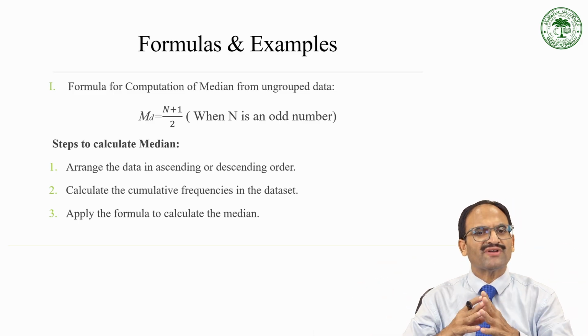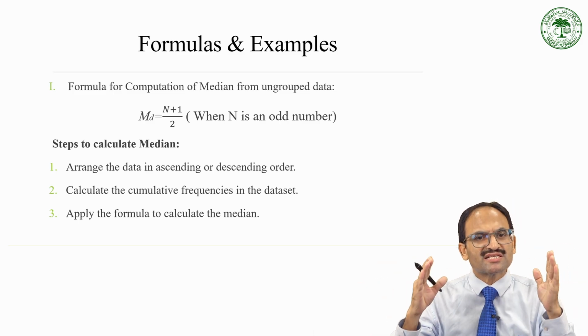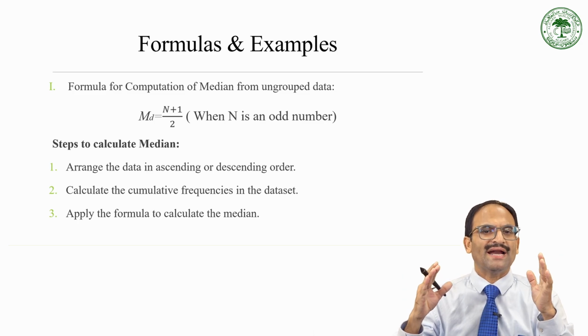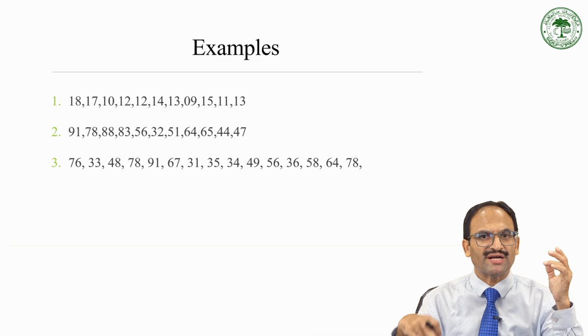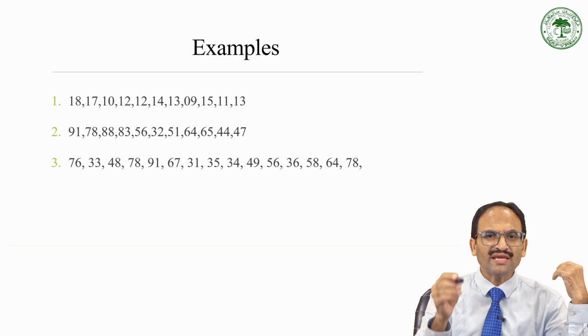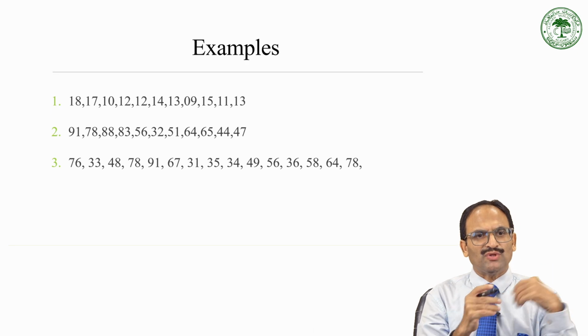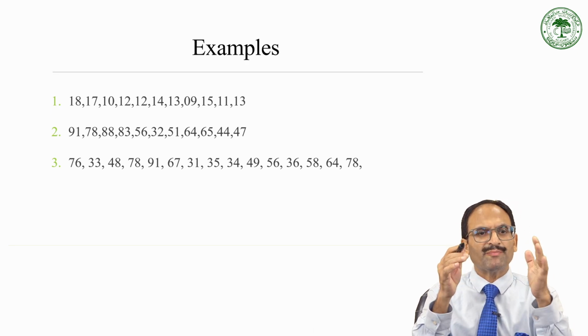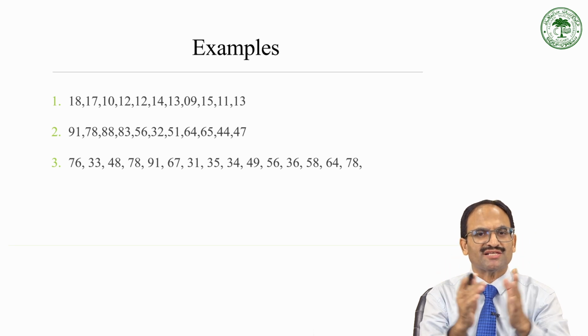At this juncture, let me take some examples in which n is an odd number and see how to calculate the median. So I have taken three examples here. Let me calculate the median in all these three cases.